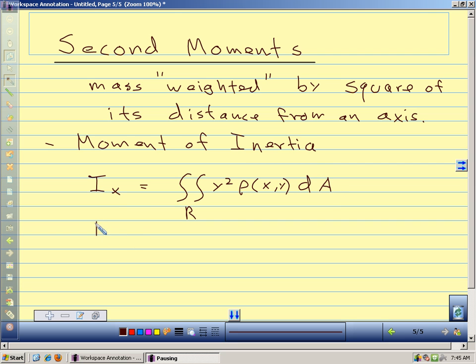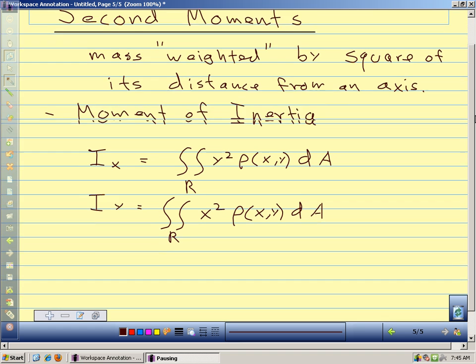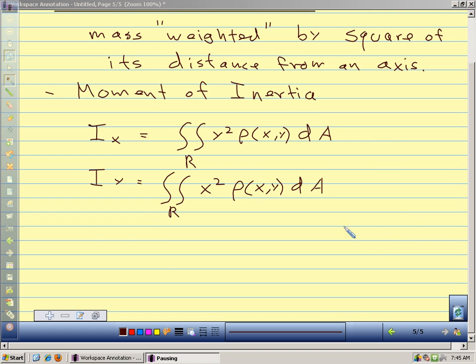And I sub y equals a double integral over our region of x squared times our density function, and then we have a third one here that we call I sub 0, and that's the sum of the moments about the x and y.